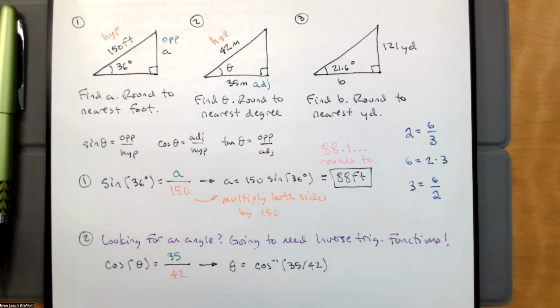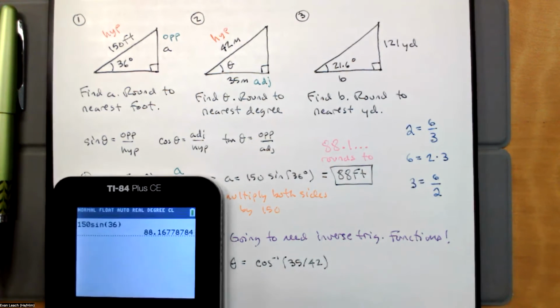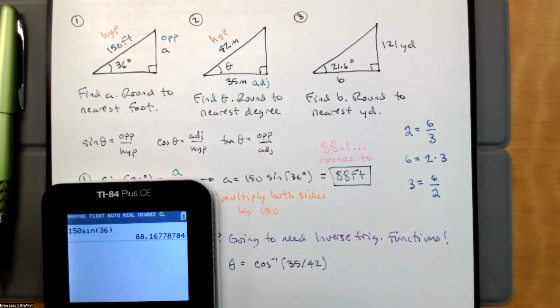I'm going to write it sideways because I'm going to write it like I'm going to type it. We're in degree mode because we were in the previous problem, but I need cosine inverse of 35 over 42. So we end up with 33.5 and then stuff.